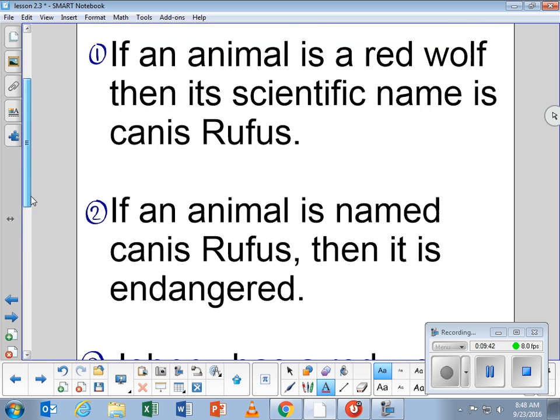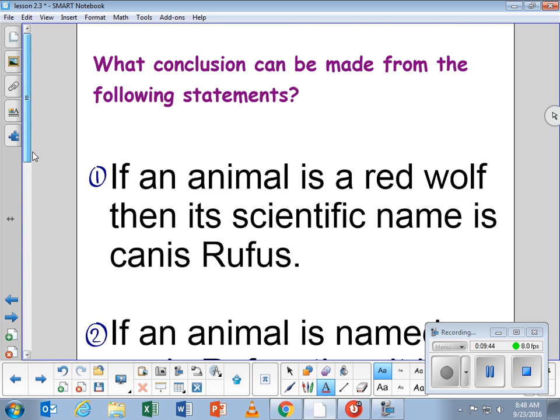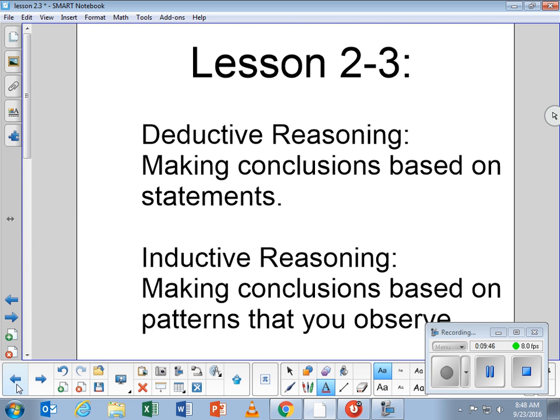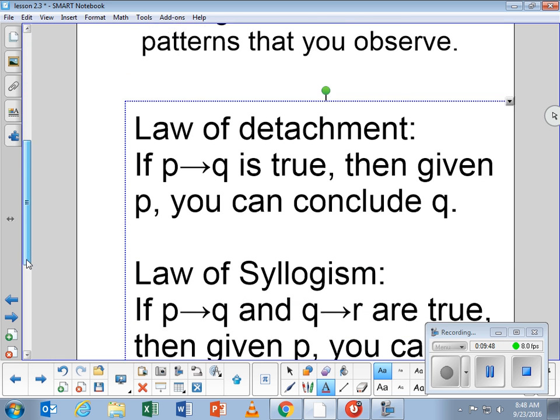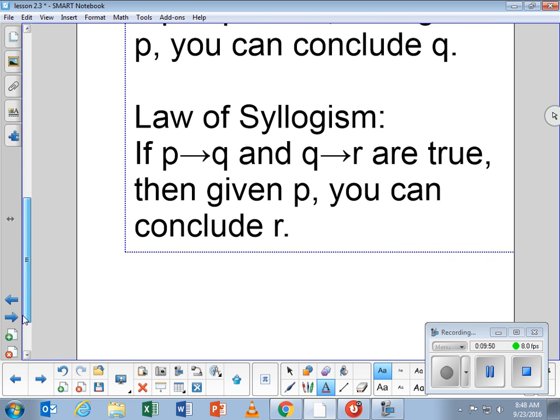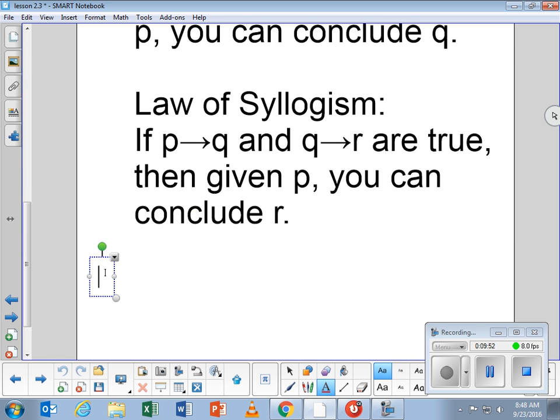Okay? Right, let's go back one step here. If we look at the law of syllogism, it says, if P then Q, if Q then R, then given P, we can conclude R.